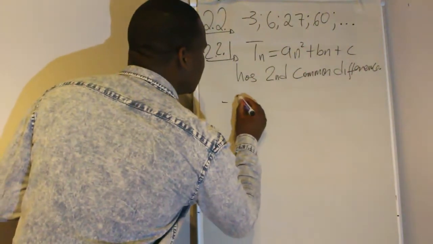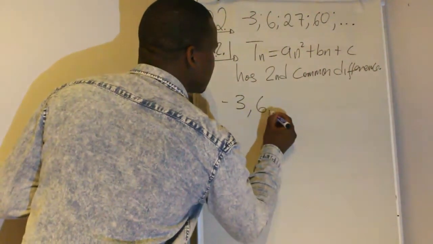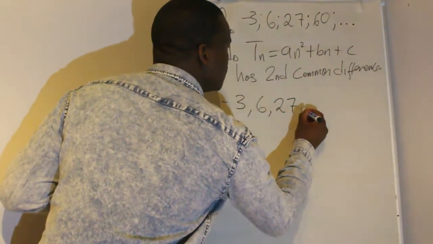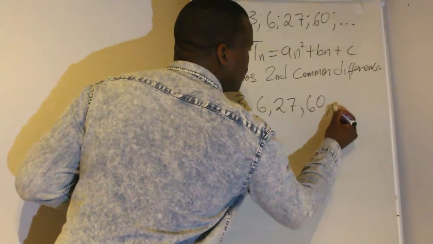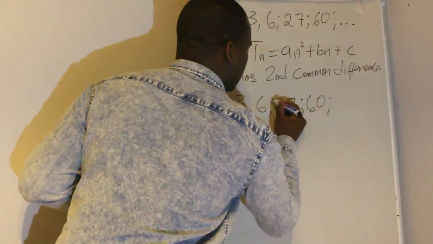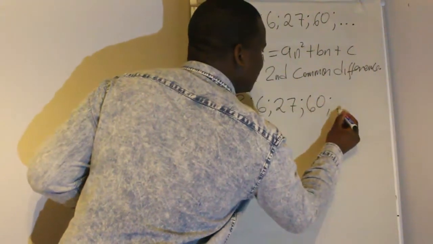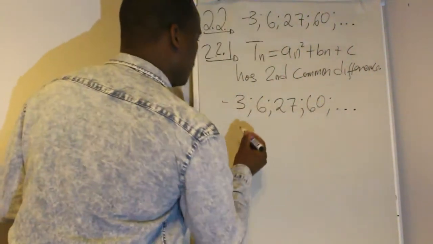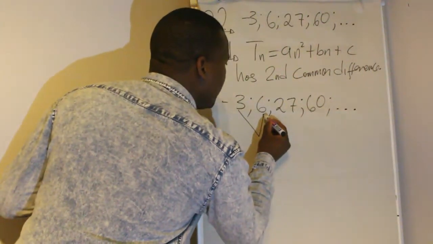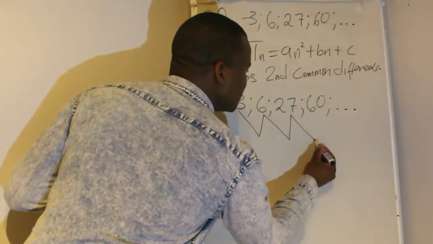So we have -3, 6, 27, 60, and so on. When you find the differences, this is the first difference.